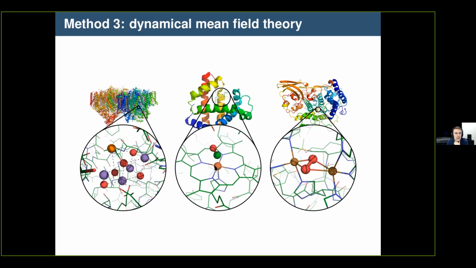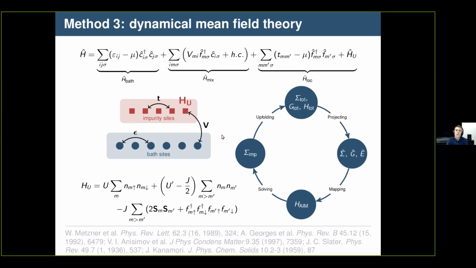But here we've got a correlated subspace where we're going to have strong correlation that's very distinct. So I'm going to return to the language of DFT+U, in that we're going to have this subspace where strong correlation is important, and we want to selectively deal with that subspace. The way that we do this is if we just focus on this flow diagram on the right for a second.